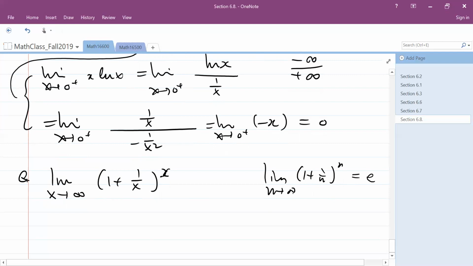I already know the answer. The limit is e, because I remember this as one of the formulas for e. How do you define e, right? There are many ways to define e, and this is a definition of e. The number e is the limit of that sequence of numbers. Okay?